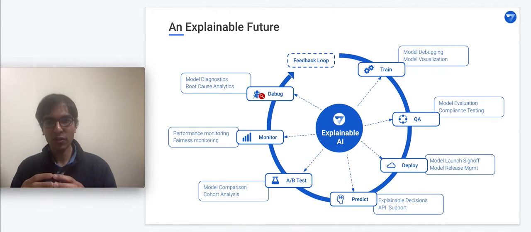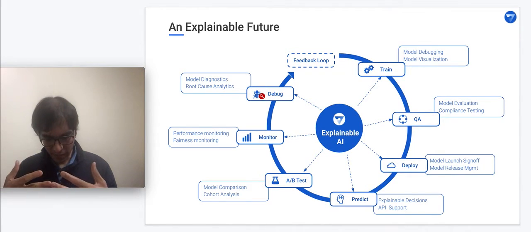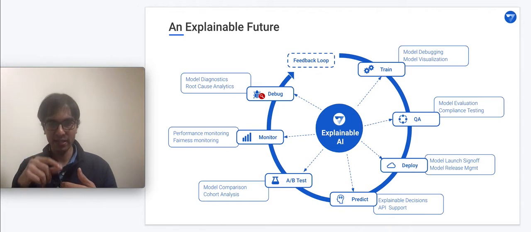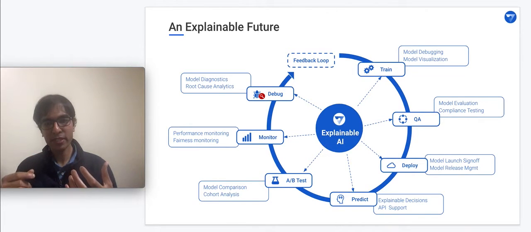The vision of the company and where we want to take this entire platform is captured in this flywheel. What we'd ideally like to do is embed explainability in all parts of the AI lifecycle. So we want explainability during training to enable model debugging, model visualization, feature selection, feature engineering, and so on.